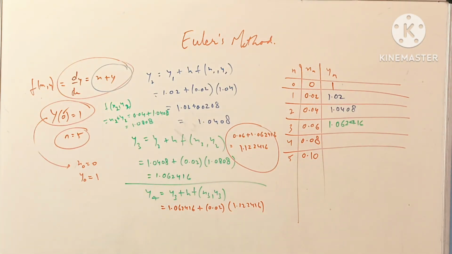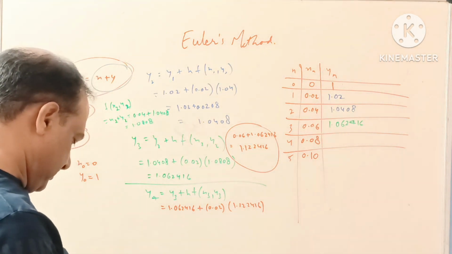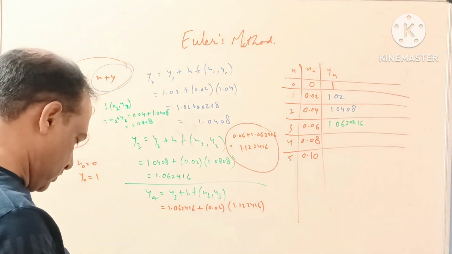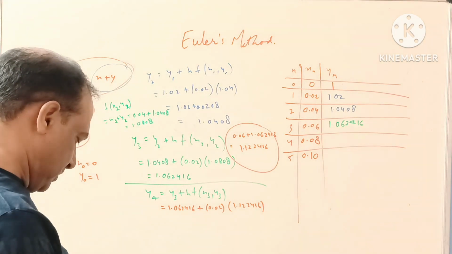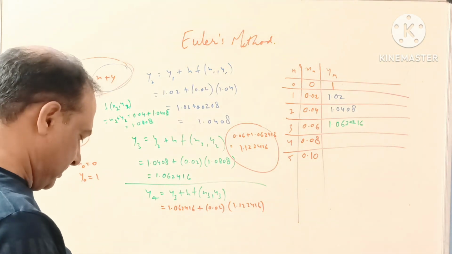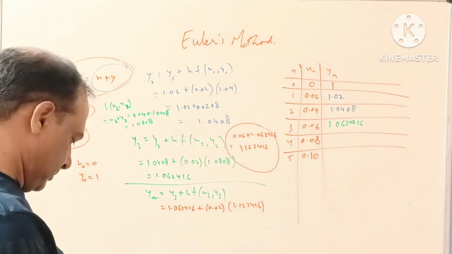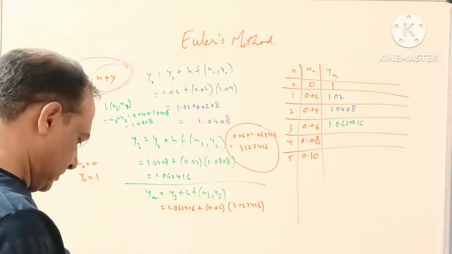In this case, we have 1.062416 plus 0.02 times 1.122416.